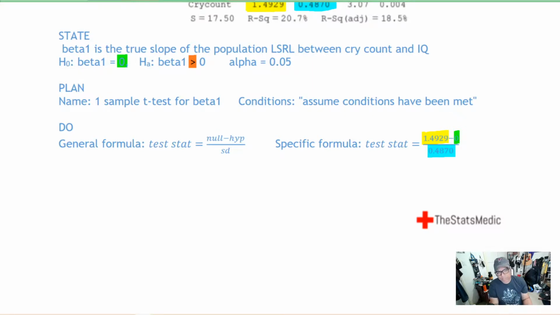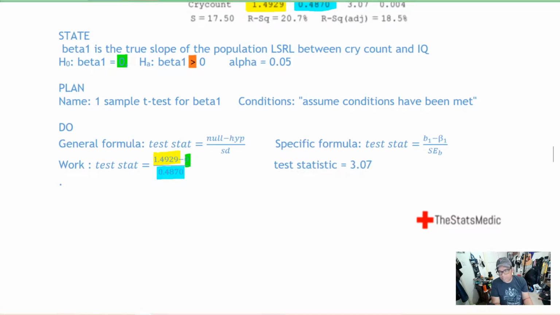And I just realized something. Yeah, I wrote down the work instead of the specific formula. My mistake. So what do we have here? The specific formula is test stat equals B1 minus beta 1 over SEB. The work we already showed. This means our test statistic equals 3.07.